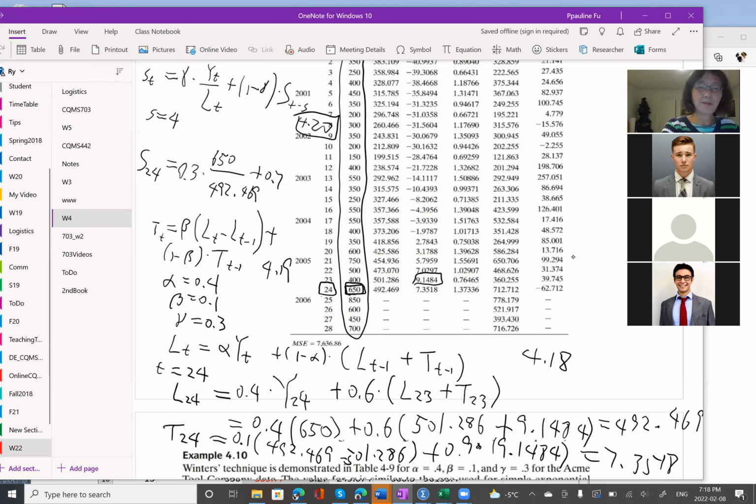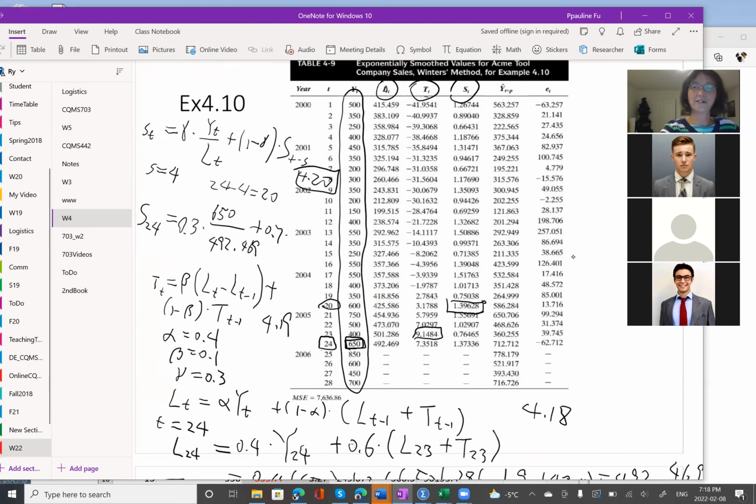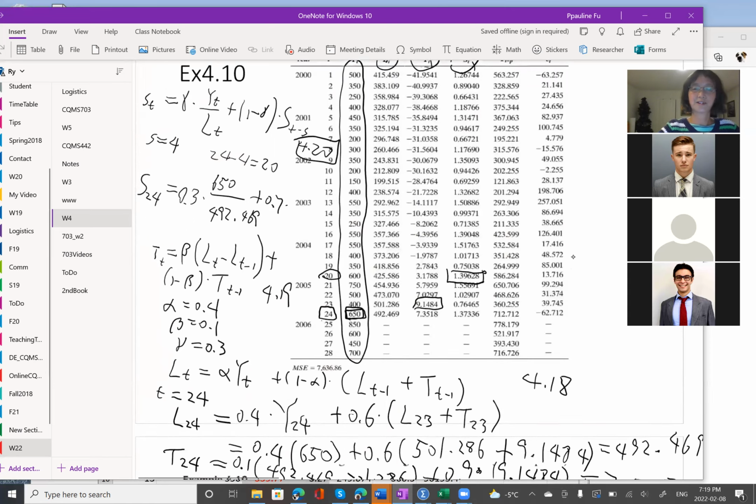And then times S T minus S. So when T equal to 24, 24 minus 4 equal to 20. You need to use S20. S20 is this number. See the heading here. This is LTS.